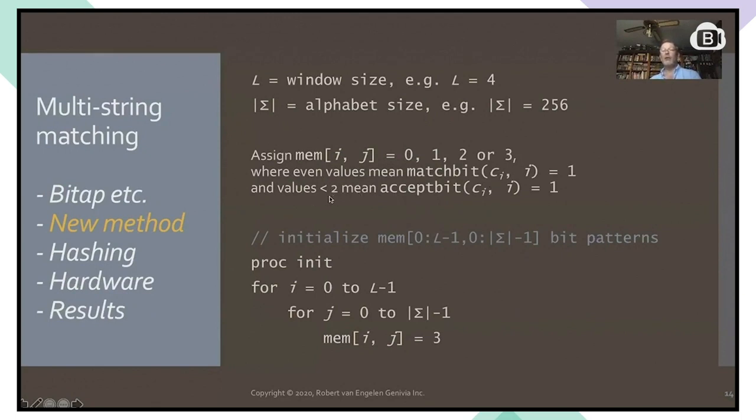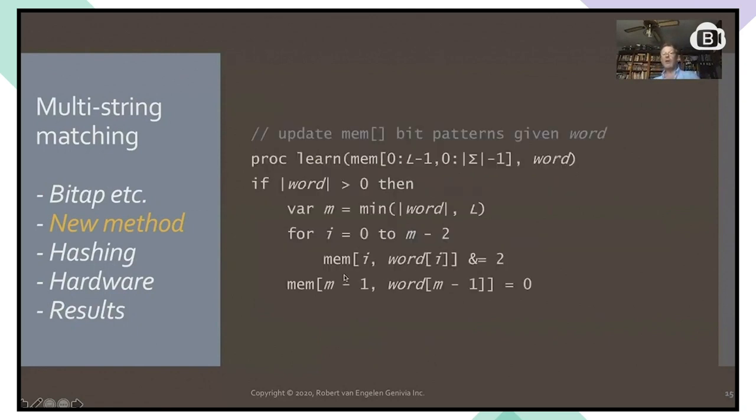And if the values are less than 2, that means the accept bit is 1. So both are encoded in a particular way. Since we have no matches in the beginning, we have to set both bits because of inverter logic. Okay, so let me then show you how we learn a word. We learn a word by updating the memory, this set of cells. Only, of course, if the word is non-zero.